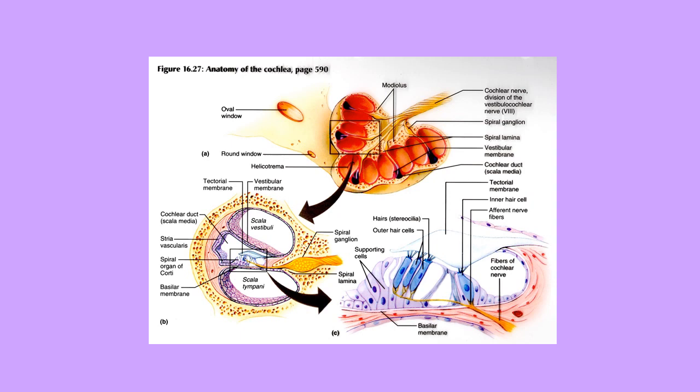So this is shown certainly enlarged of the cochlea, where you have the different vestibules and then nerves extending out from those, forming the cochlear nerve, which is going to be part of the vestibulocochlear nerve, or nerve number 8.